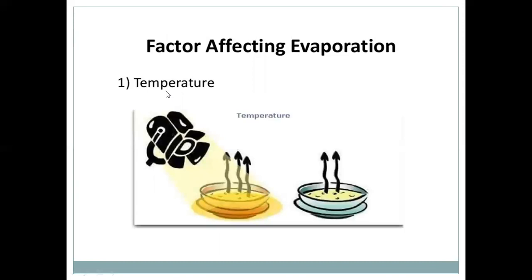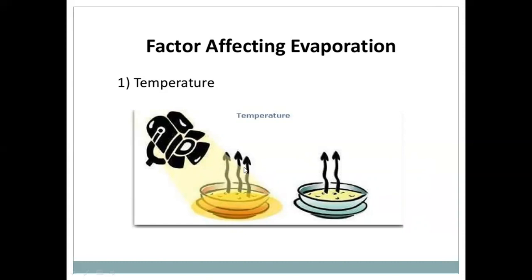Factor number one, which is temperature. Look at this container. This container is exposed to high temperature. This container is away from the high temperature, the source of light. That's why these two arrows represent that the evaporation of this container is less than the evaporation of this container.